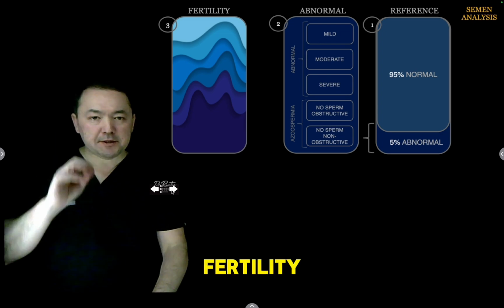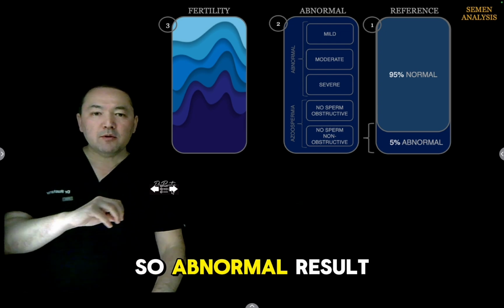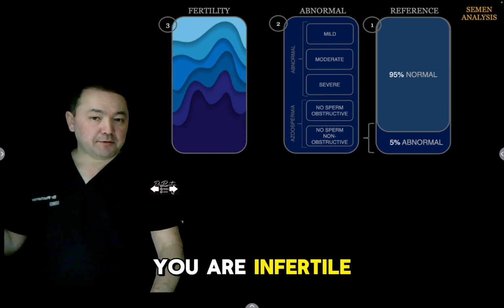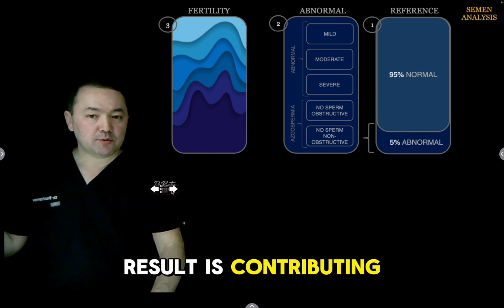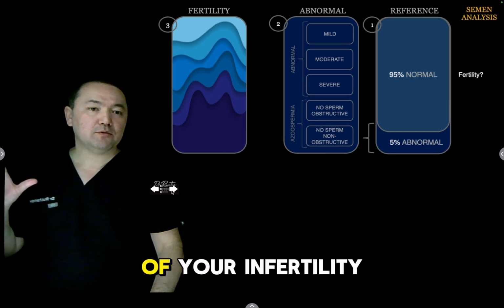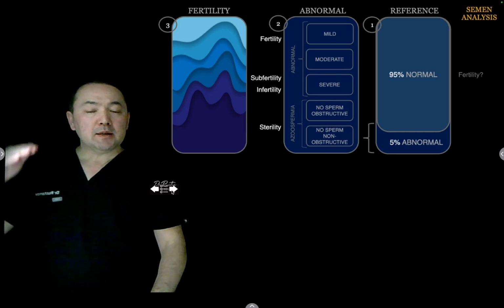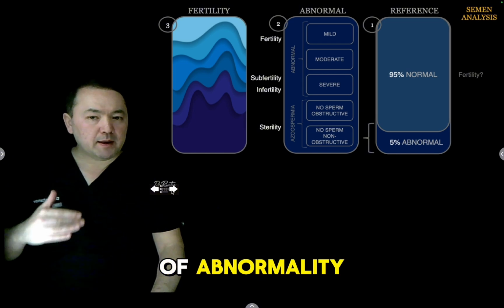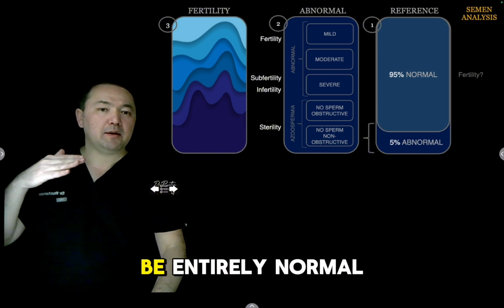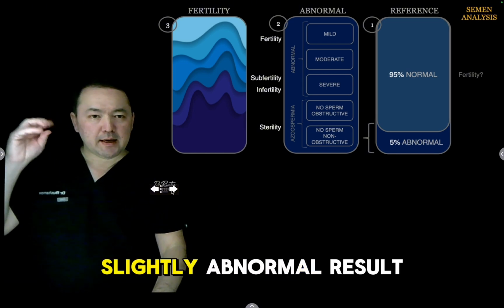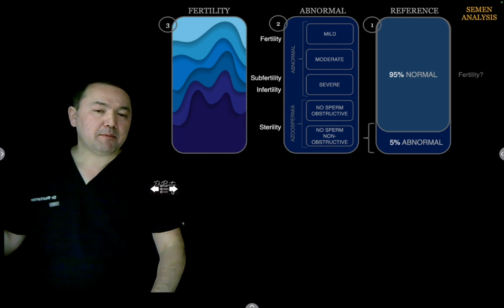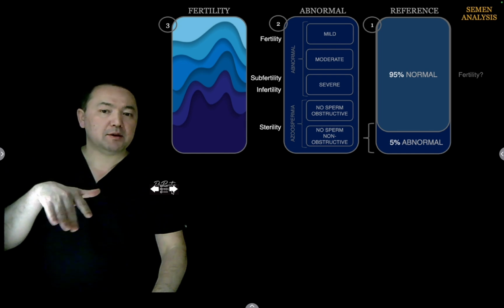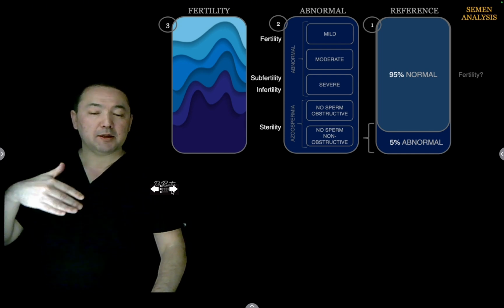In terms of fertility, an abnormal result doesn't mean that you are infertile, but it's quite likely that this abnormal result is a contributing factor or the main factor in your infertility. Depending on the severity of abnormality, your fertility can be entirely normal. If you have slightly abnormal results, your fertility may be entirely normal, or subfertile, which means that you can father a child but it may take longer.